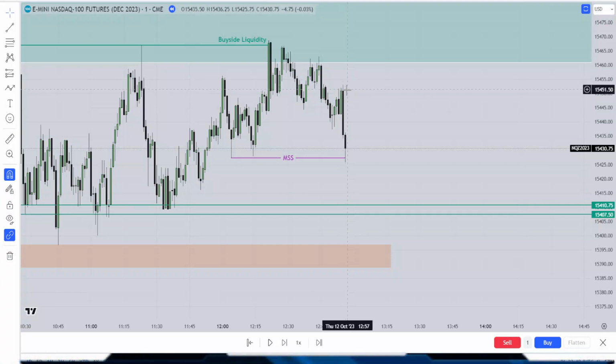It's because it was just before the PM session, it was inside the noon. 12 p.m. to 1 p.m. is the New York noon session, and we don't take entries at the noon session, we wait for the PM session. So just before the PM session, I got this nice market structure shift after clearing all of the buy side liquidity from there.